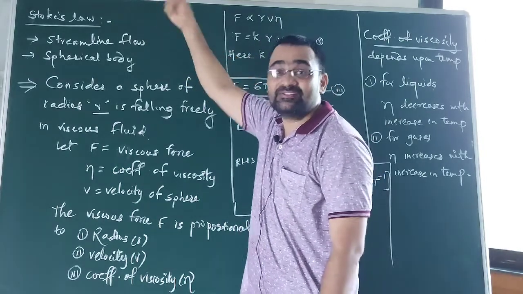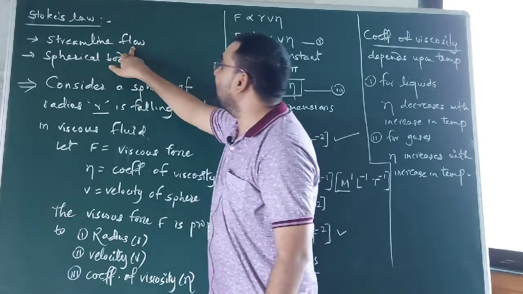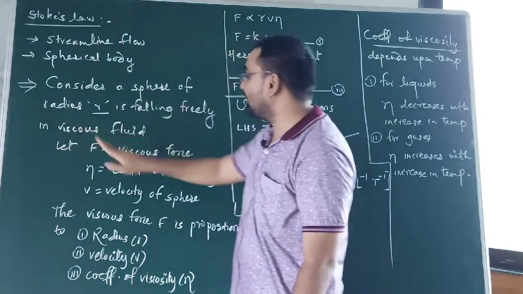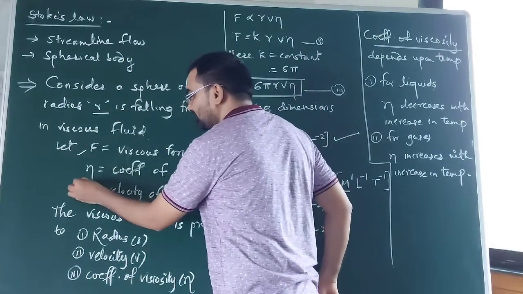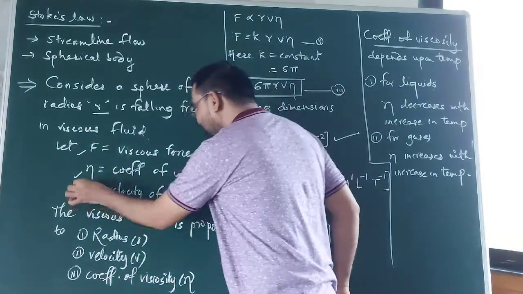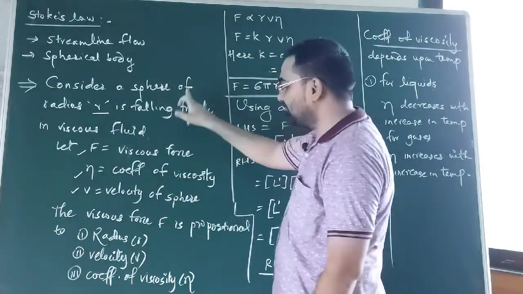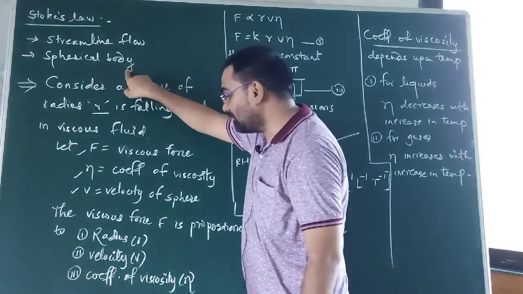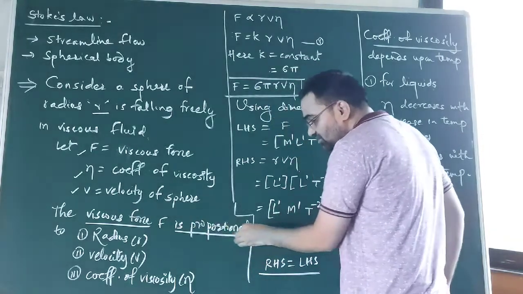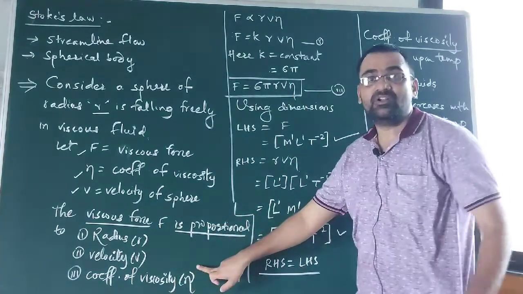Again I am repeating, it is not Ben Stokes from England, he is Stokes the physicist. He said for streamline flow and spherical body the viscous force depends upon some important factors. So what are those factors? If F is the viscous force, eta is the coefficient of viscosity of that fluid, V is the velocity of that sphere which is falling in that liquid or fluid, r is radius of that object, it is strictly valid for spherical body, then viscous force acting on that spherical body is proportional to, first radius, second velocity, third coefficient of viscosity.